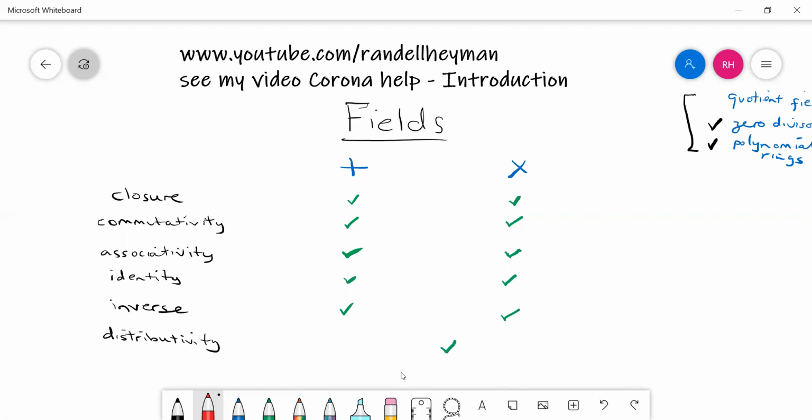Now, for the integral domain, essentially, we don't have this very important one, which is the inverse. I think I've mentioned that before, that if you look at what's the inverse of 2 in the integers, the inverse is a half, but a half is not an integer. So that's just reflecting that point.